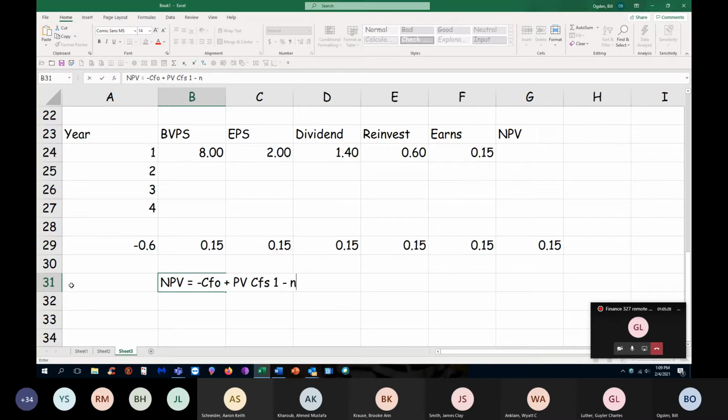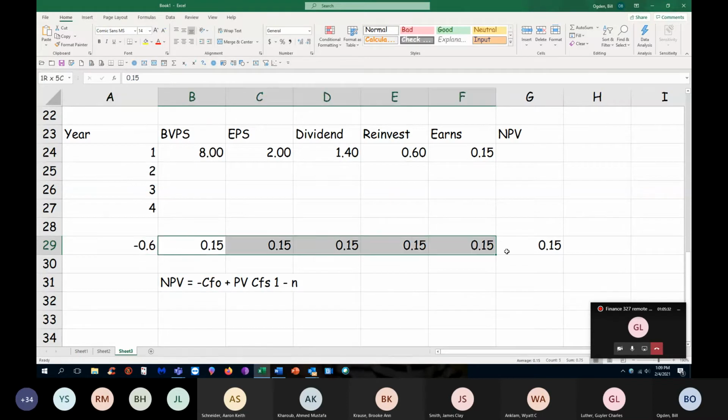Okay, so this is cash flow 0. These are cash flows 1 through n, which is 1 through infinity. Right? And so if we use our basic model, value equals D1 divided by R minus G. Well, this is a cash flow, right? So cash flow divided by R minus G.